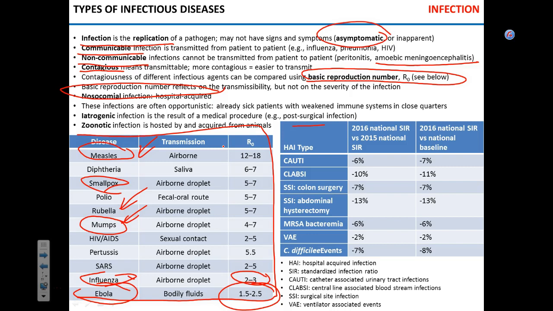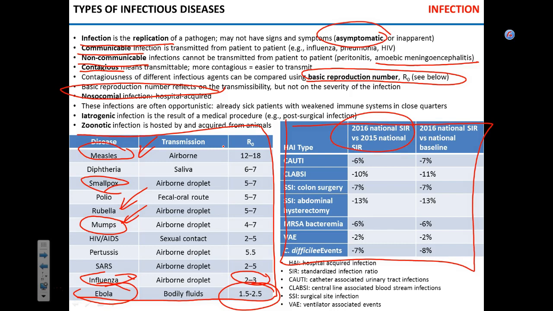Now, this is the table showing you. What I hate about current data presentation is that people have so many tools for it that it's really hard to find a good old table or graph to demonstrate. So basically that's the standardized infection ratio, okay?